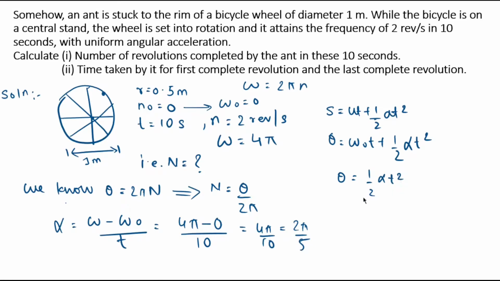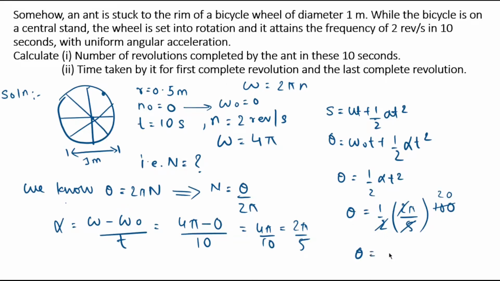So let's put this value. We get theta as 1 by 2 into 2 pi by 5 into t square. Now t is 10, so t square will be 100. So 2 cancels, 5 ones are 5, 20 are 20.